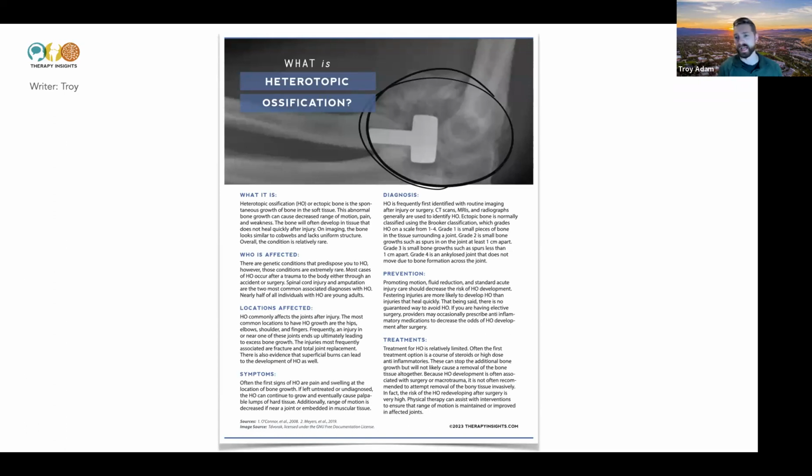The other catch is that surgery is often one of the risk factors associated with this. Trauma is what can set you up for this, and going in to try to excise it would potentially just lead to worse impairment.